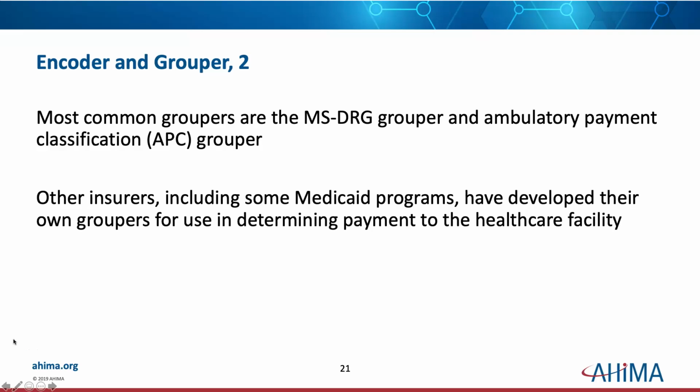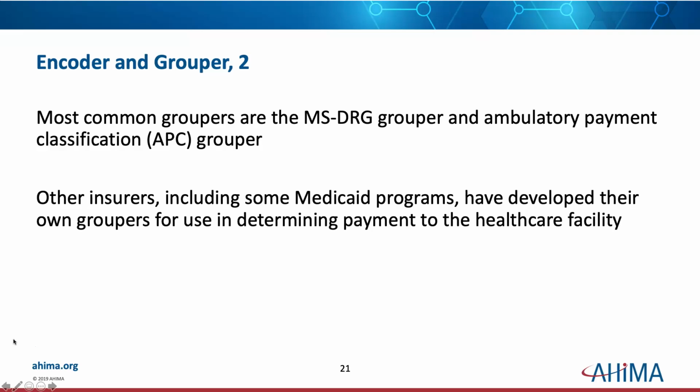Well, the current grouper isn't usually released until, you're lucky if you can get it in September. A lot of times they'll release it at the end of September. It's supposed to go live the 1st of October, and by the time some hospitals and healthcare organizations do all their testing and they sign off on it, you can be looking at the 2nd, 3rd, or 4th week in October, which creates a whole bunch of revenue and DNFB issues.